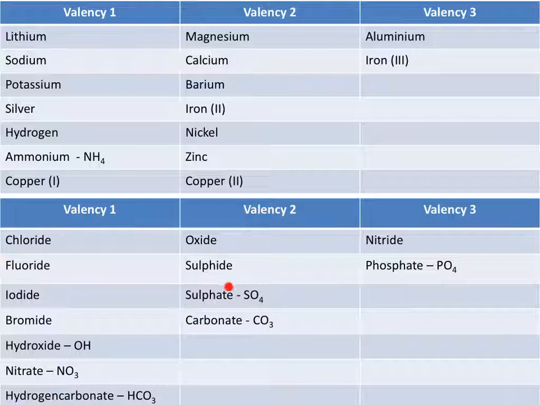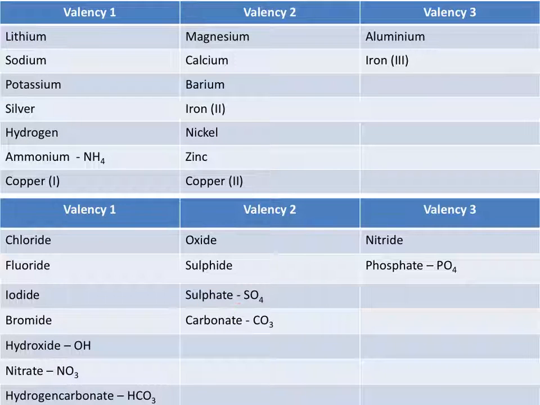We call these things compound ions, because within the particle, within sulfate, we have two different elements. Within carbonate, we have two different elements. Sometimes you could have three different elements, like in hydrogen carbonate. Notice the ATE at the end of a name indicates you have oxygen as well as the element at the start of the name.